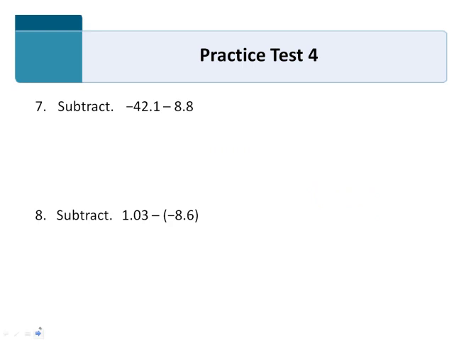Number 7 says subtract. Now you've got all kinds of subtraction and negative signs here, so I'm going to do keep, change, opposite. So negative 42.1 stays the same, that's the keep. Change it to addition, and the opposite of 8.8 is negative 8.8. Now the signs are the same, so I add and keep the sign, so I know it's going to be a negative. And 42.1 plus 8.8 gives me a negative 50.9.